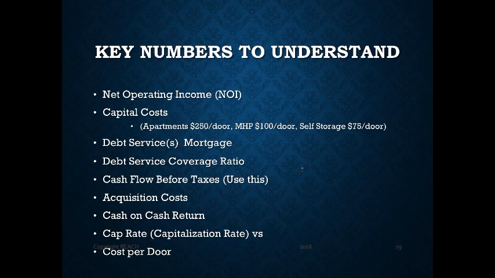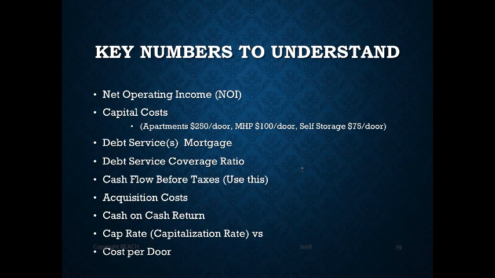However, when I go to buy properties, I always include what I think my capital costs are going to be, to figure out what I'm going to offer. Because if I do not put money back into the property, it is going to go downhill.